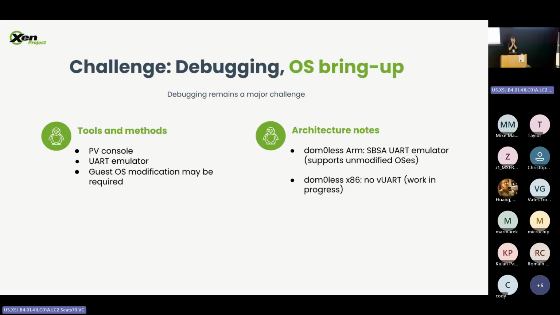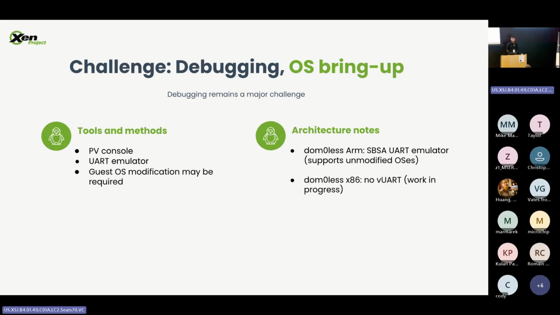Then the next thing is debugging and OS bring-up, which is challenging as usual. Luckily, there are tools to help with that, like debugging through the serial console. There's PV console, but it may require modifications in the exotic OS, which may be problematic.